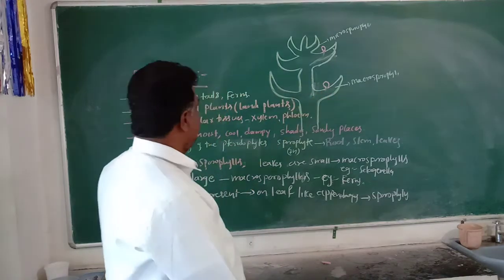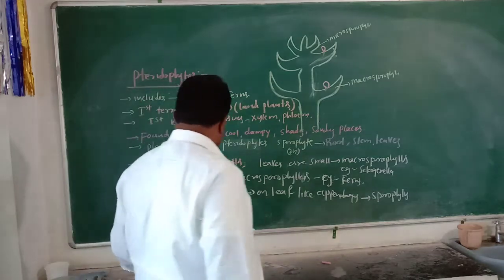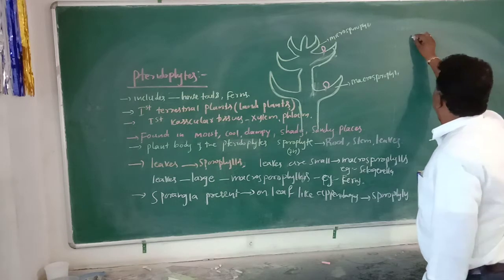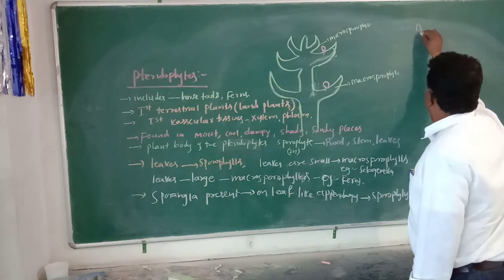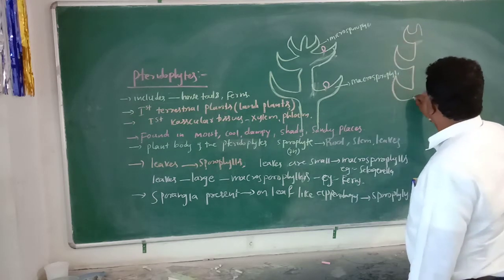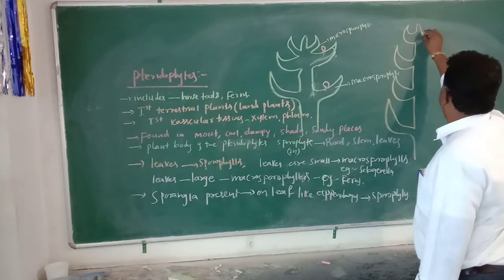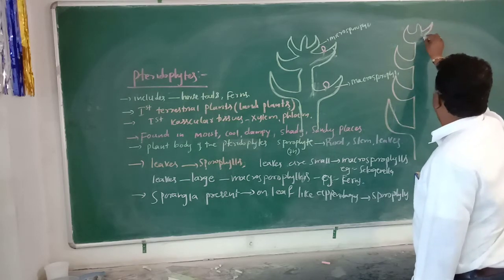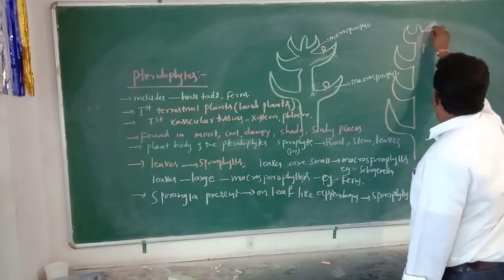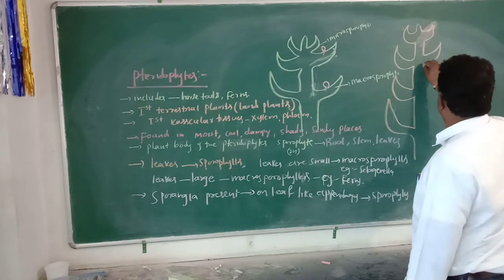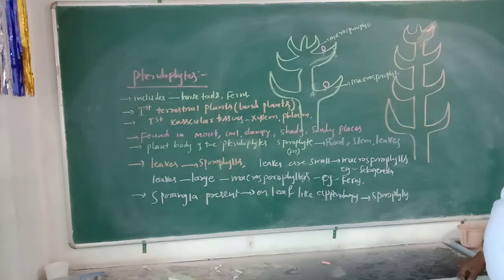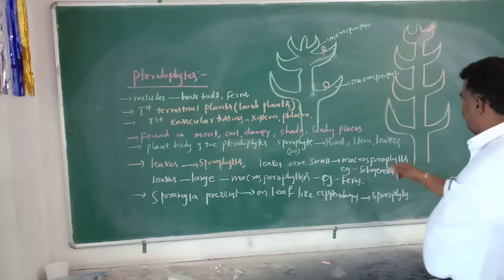Sometimes all these sporophylls are arranged and form a compact structure, called a cone or strobilus.